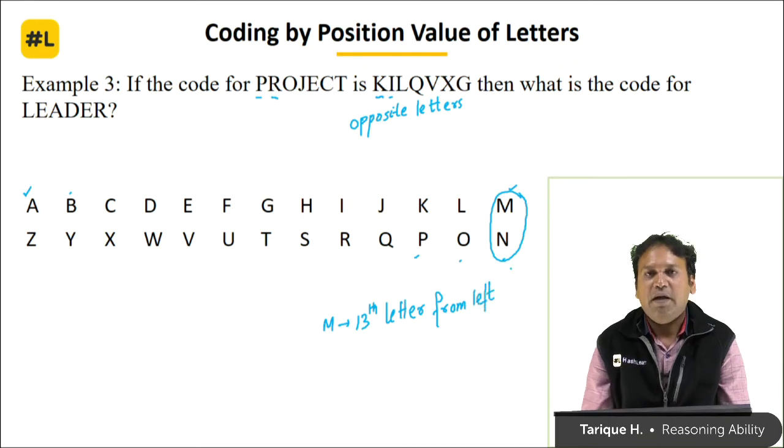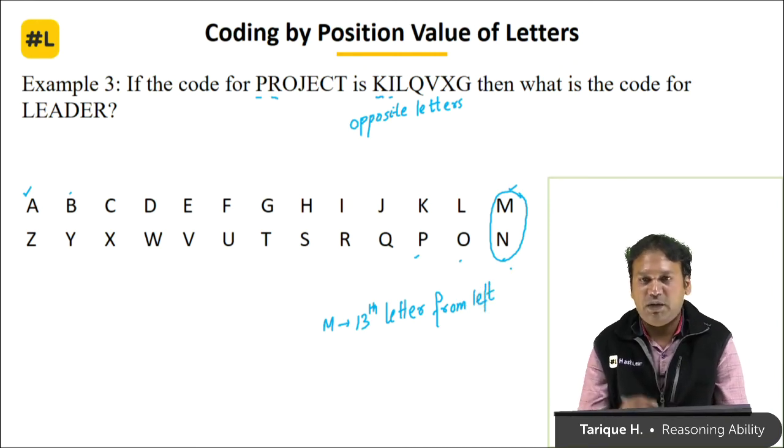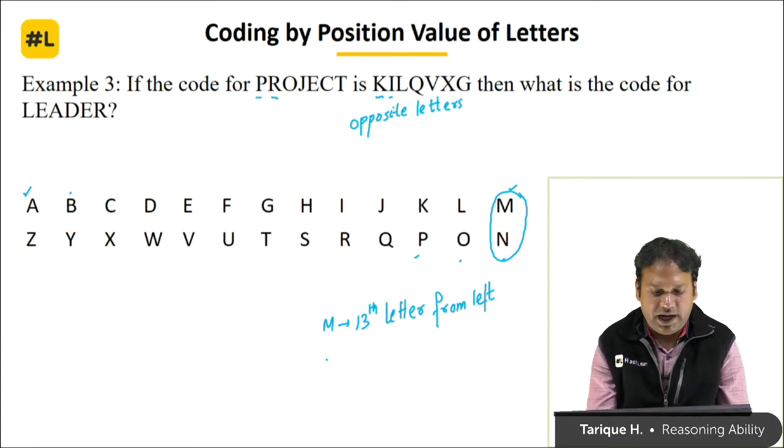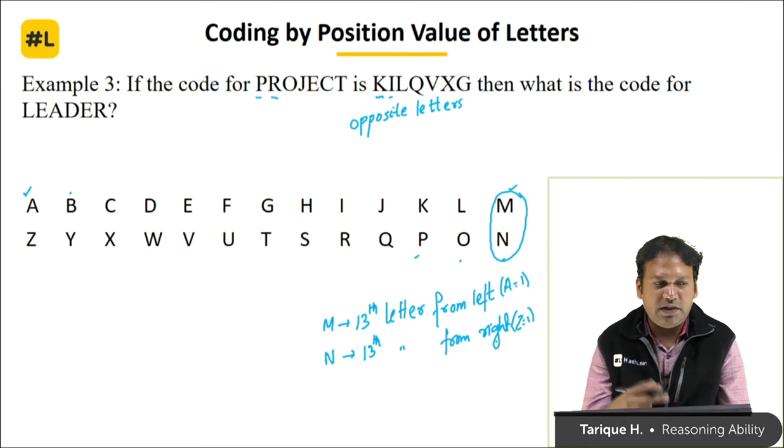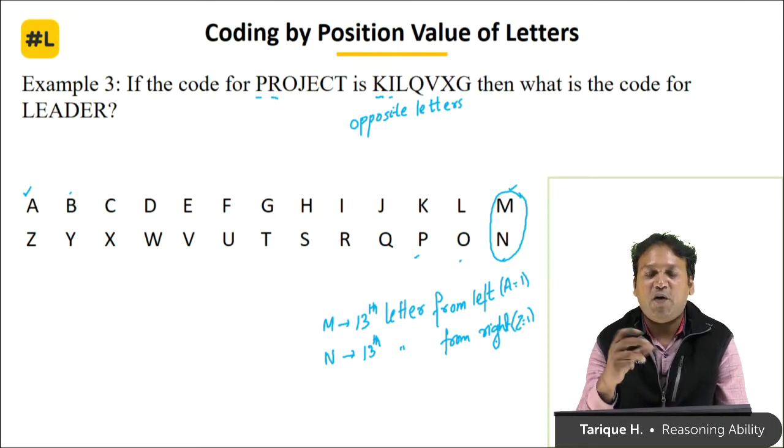That means with A equal to 1, B equal to 2, M is the 13th letter, and N is the 13th letter from the right end, that is when we take Z equal to 1. Left end means A equal to 1 and right end means Z equal to 1. This part you have to understand, that each of these is a pair of opposite letters.